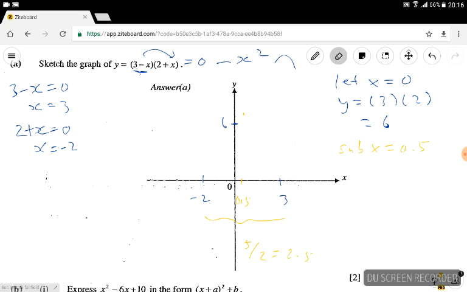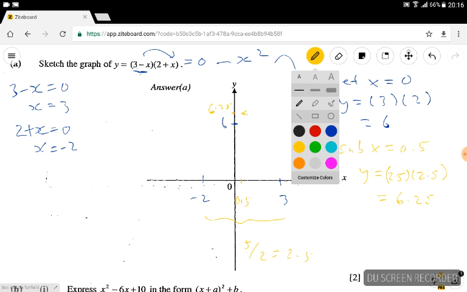So when you substitute x equal to 0.5, y equals 2.5 times 2.5. So what is 2.5 times 2.5? 6.25. So the point is here, just nice, 6.25. Maximum point over here.